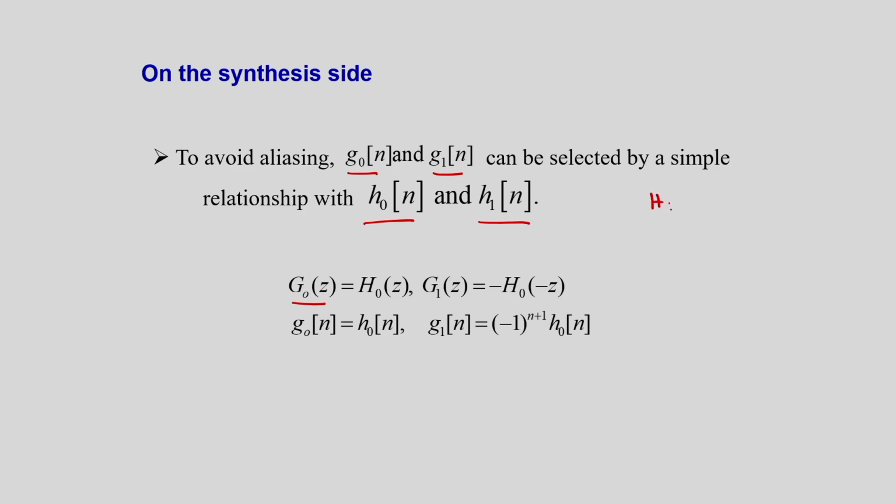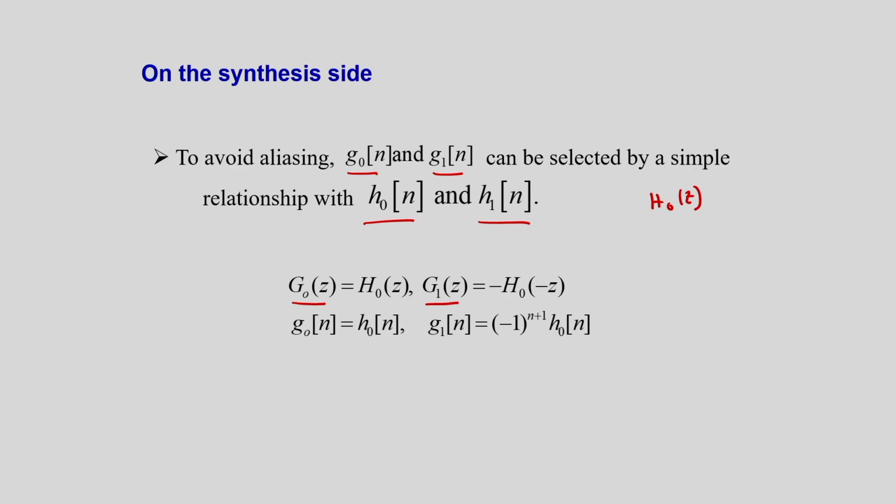Because H0z is the low pass filter on the analysis side, that is, for the analysis of the signal I am considering the low pass filter H0z. From H0z you can determine G0z, which is nothing but the low pass filter for synthesis. And also you can determine G1z, which is nothing but the high pass filter for the synthesis of the signal.